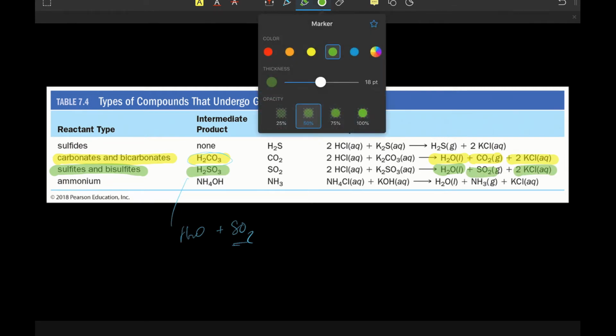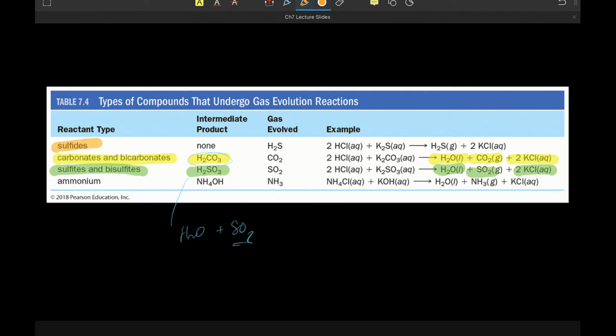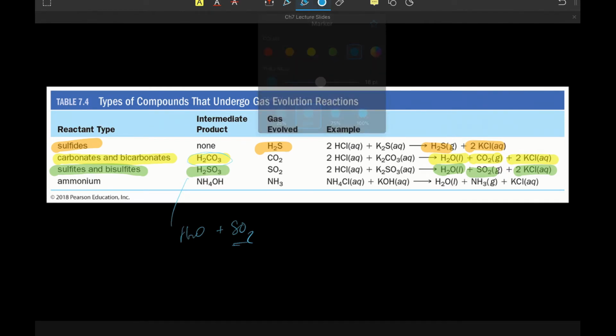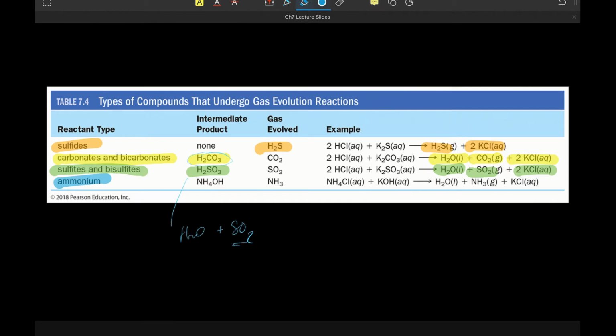Then we also have sulfides, which are a little bit more straightforward, where we produce hydrogen sulfide and a salt. And then finally, we have ammonium. Now ammonium is different because ammonium will react with a base. So it's base and ammonium, whereas these three are acid reactions.